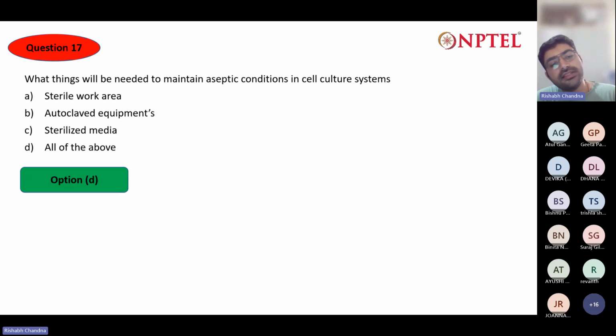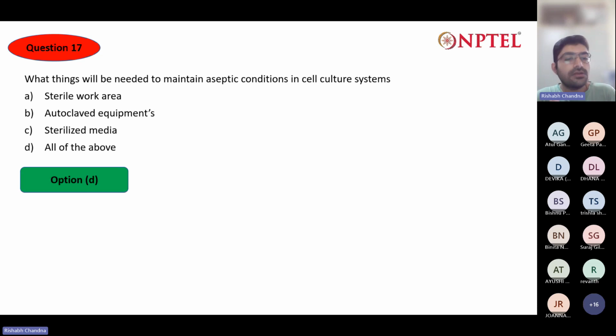In order to maintain aseptic conditions in any culture, be it bacterial, plant, or animal cell culture, we generally use a sterile work area and autoclaved equipment. Any other thing that we are using, for example pipette tips, the microfuge tubes, centrifuge, or the pipette that we use, we generally autoclave those things and then use them for cell culture, as well as the media.